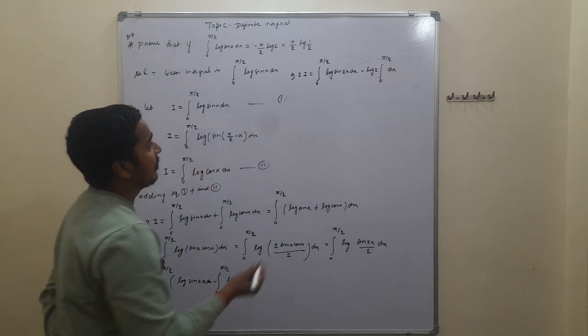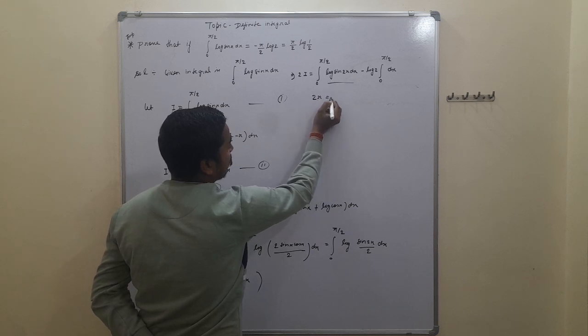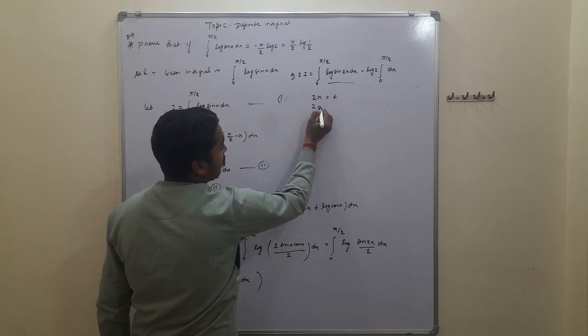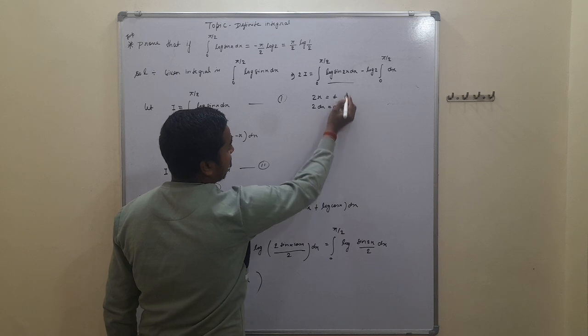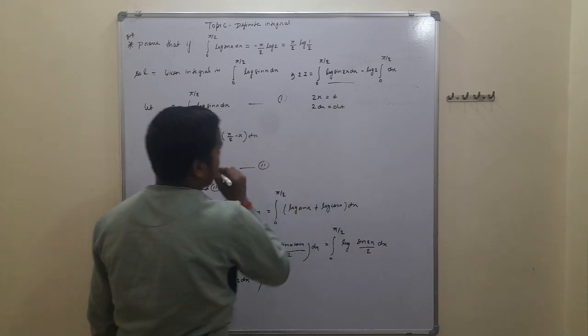And we can solve here. From the first part we let 2x be equal to t, which gives 2 dx equal to dt, and we replace dx accordingly.